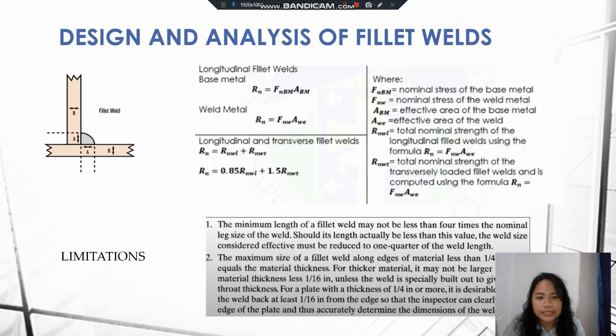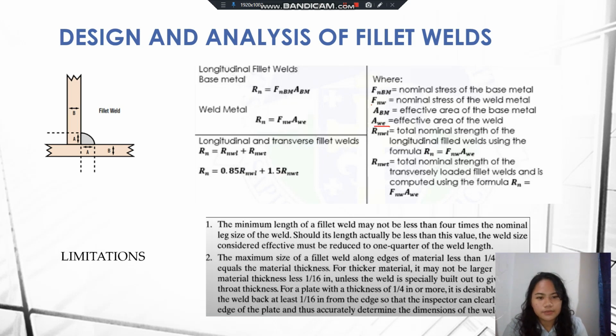For the design and analysis of the fillet weld, so ang ating base formula na gagamitin is here. Para makuha yung strength niya is stress multiplied by the effective area or yung Fnw or the nominal stress of the weld metal is multiplied by the effective area of the weld.